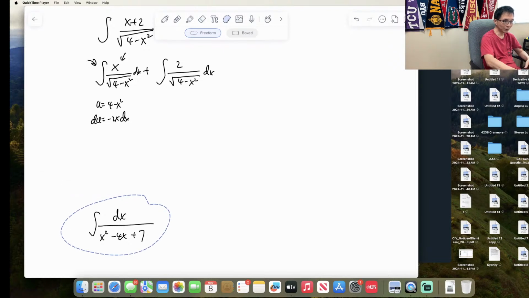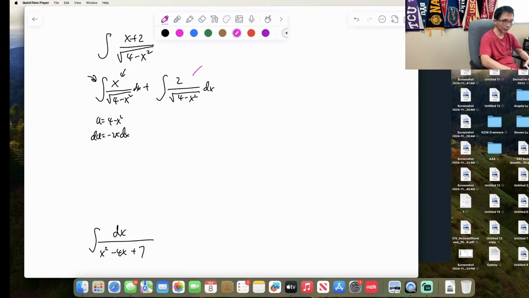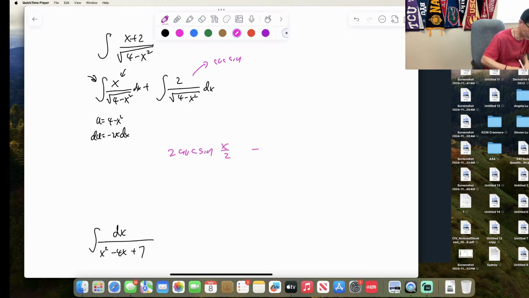And for the second one, this is just arc sine, because the top is not 2x. You can take out a 2 also. So the integration of this part is going to be 2 arc sine of x over 2 plus c.